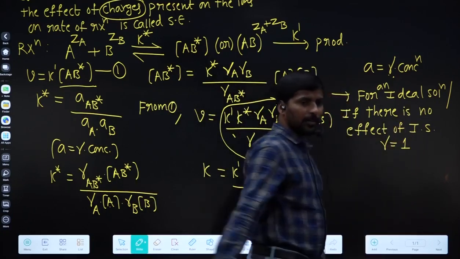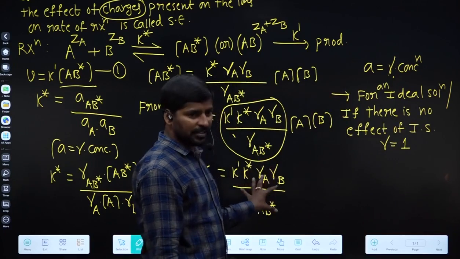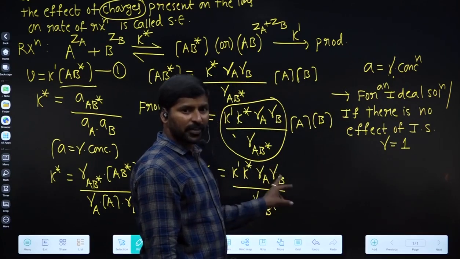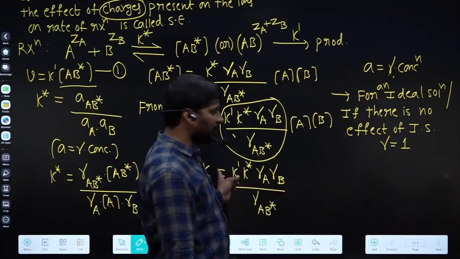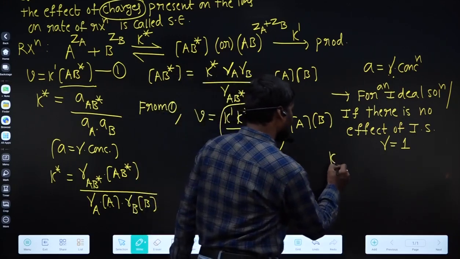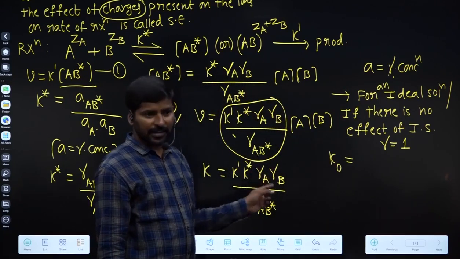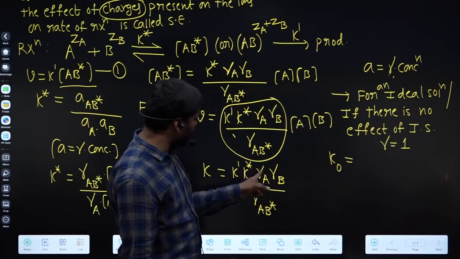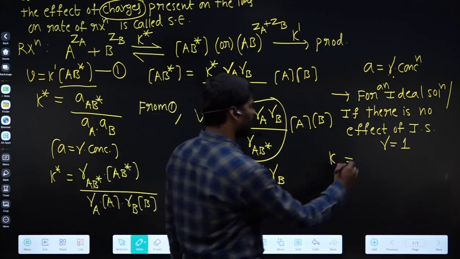The gamma value is 1. So in the case of absence of ionic strength, I am indicating the rate constant as K naught. So K naught is equal to what? The rate constant in the absence of ionic strength. And gamma values become 1, so we will get K dash into K star.